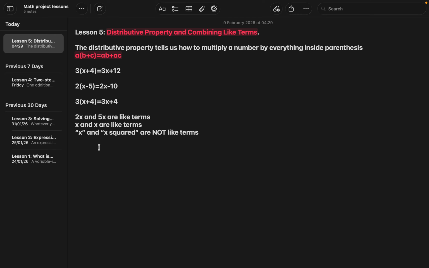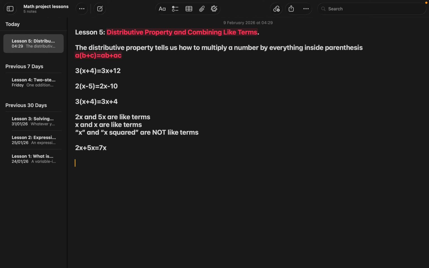So let's now simplify this expression here: 2x plus 5x equals 7x. We have added the numbers in front of x, so that is the rule.